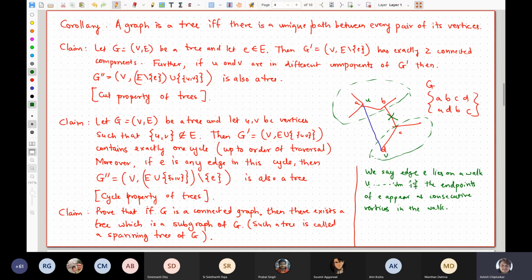Prove that if G equals (V, E) is a connected graph, then there exists a tree on vertex set V which is a subgraph of G. So the vertex set of the tree is the same, and it maintains connectivity, and furthermore, it deletes all the cycles in G. So this subgraph does not contain a cycle.